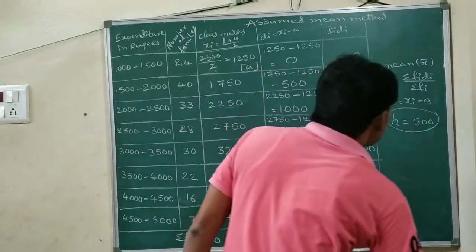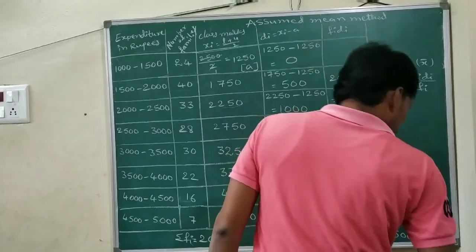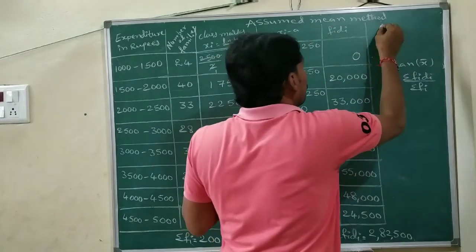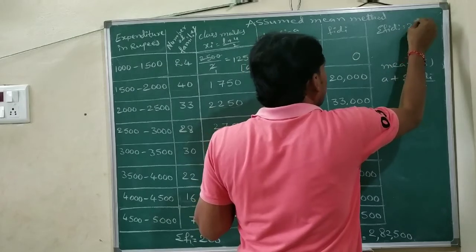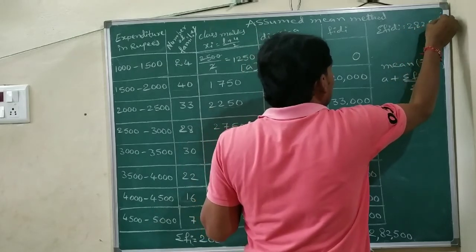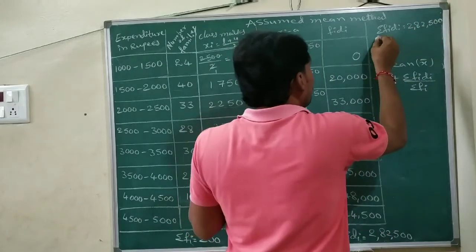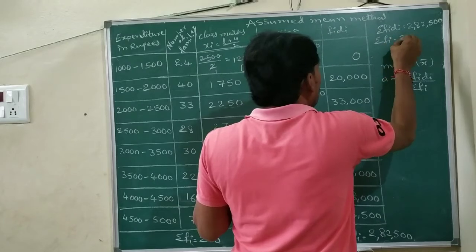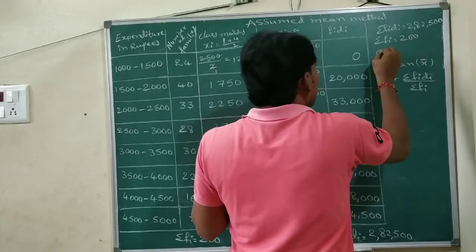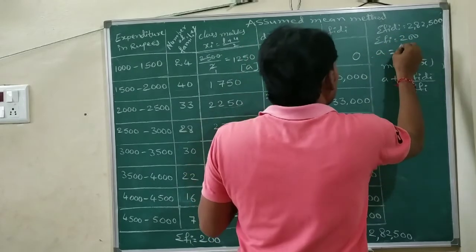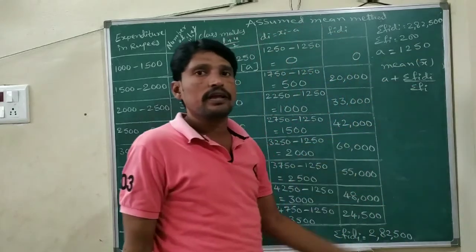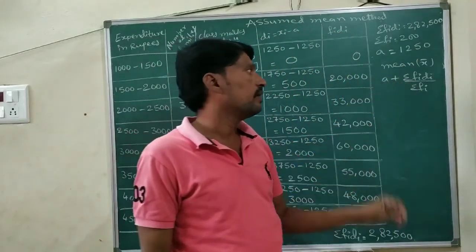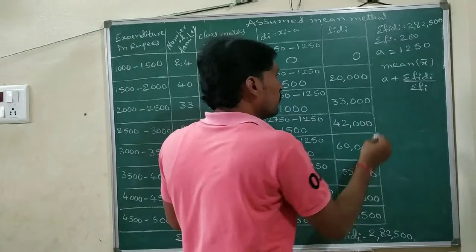Now you can take sigma Fi Di equal to 2,82,500, sigma Fi equal to 200, and the assumed value A is 1250. The mean x bar equals A plus sigma Fi Di by sigma Fi, that is the formula, which we know.